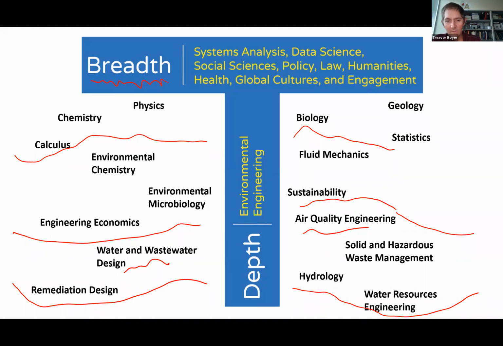And then finally we get into the design courses, being an actual engineer, designing water and wastewater plants, designing remediation systems, water resources engineering. And so this starts to hint at the balance between breadth of subjects and depth of knowledge in environmental engineering.